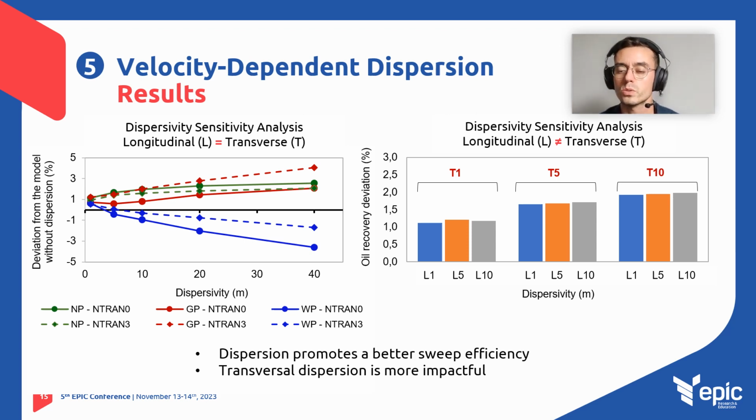But when I do the opposite, when I keep the same longitudinal dispersivity and I change transverse dispersivity, then the deviations are higher. So in a nutshell, what do we have here? Dispersion promotes a better sweep efficiency, and transversal dispersion is more impactful.